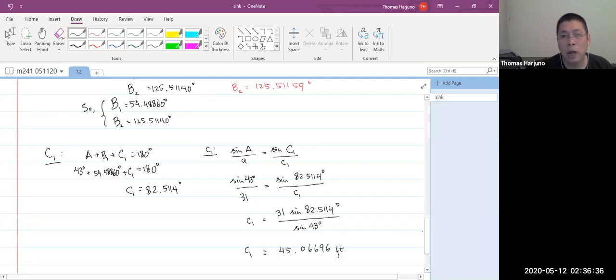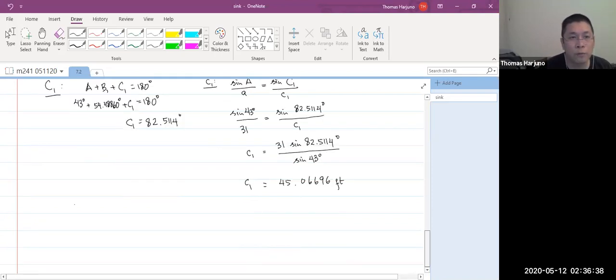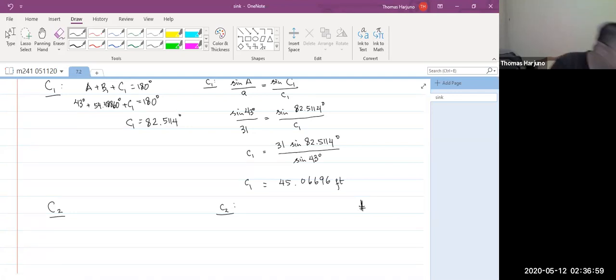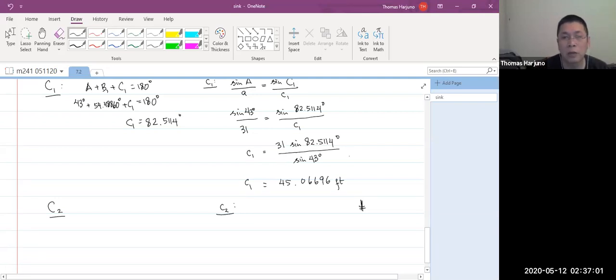Now I would like you to do C2. Find your C2, please. Once you get your C2, you get your side C2 with a very similar method. After you're done with this, I would like you to go on with number 10, which I believe you will get no solution.